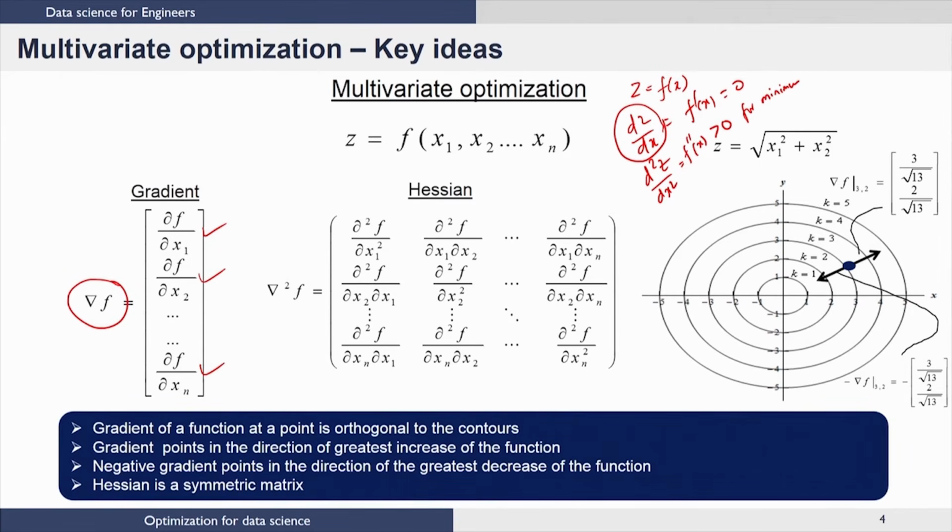This replaces f prime in the single variable case, and f double prime is replaced by what we call the Hessian matrix in the multivariate case. This is a matrix of dimension n by n. The first component is ∂²f/∂x1², the second component is ∂²f/∂x1∂x2, and so on, and you fill out the row like this.